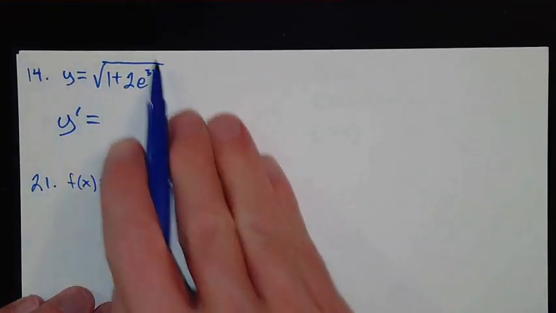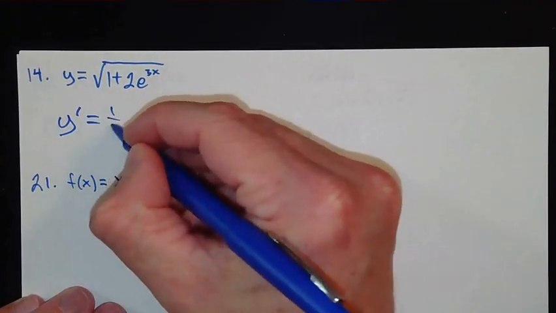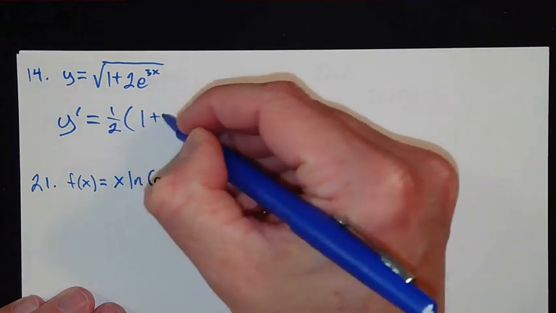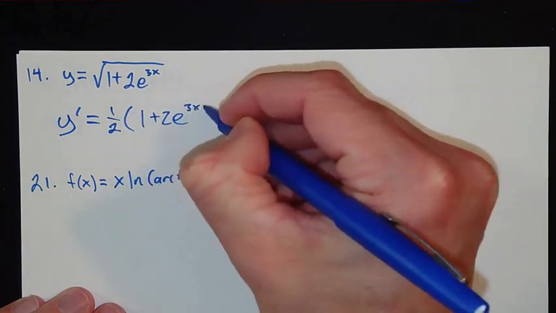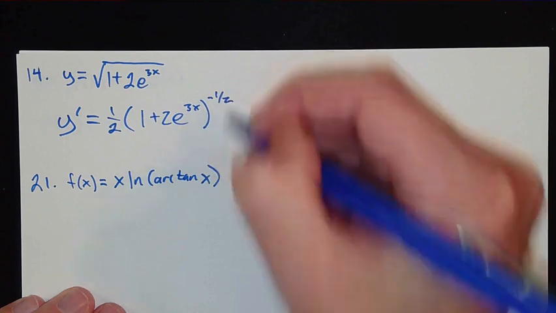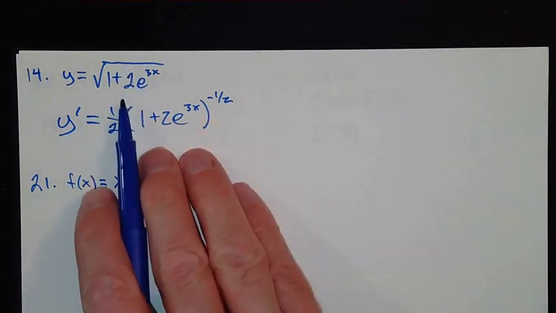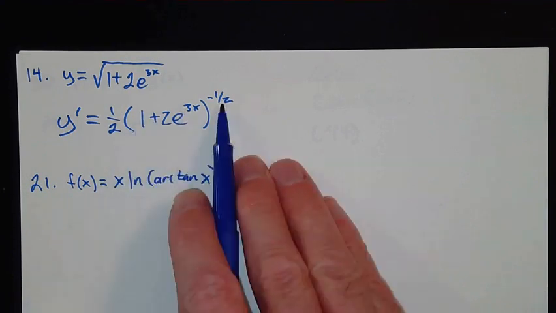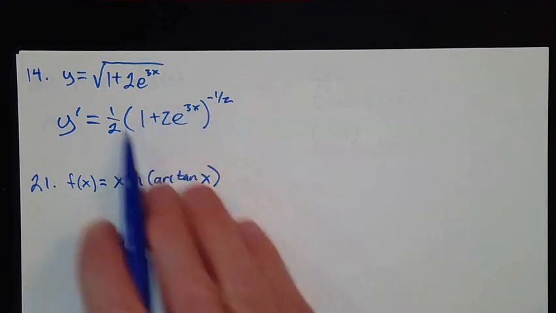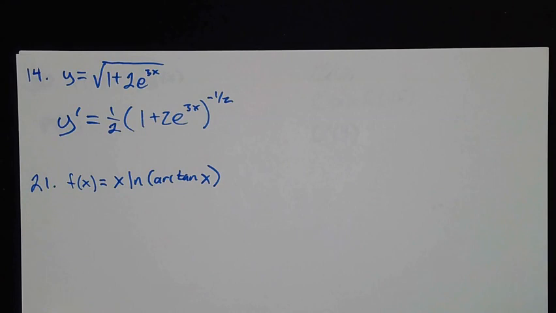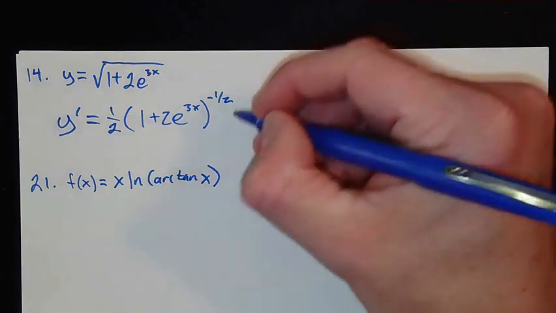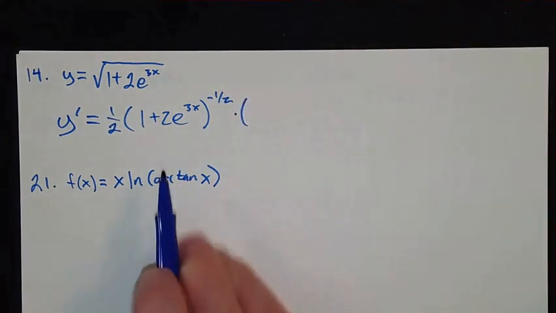Can't do any simplifying first, so I'm just going to say the derivative of the square root of something is 1/2 times the something to the negative 1/2. I repeat, the derivative of the square root of something is 1/2 times the something to the negative 1/2. I'm not thinking about the derivative of the stuff inside yet. Well, until now, multiplied by the derivative of the stuff inside.